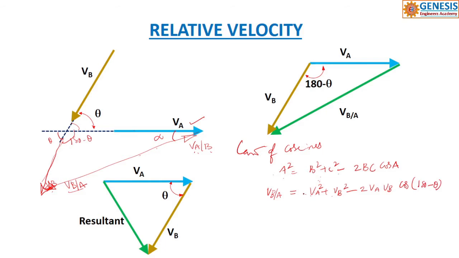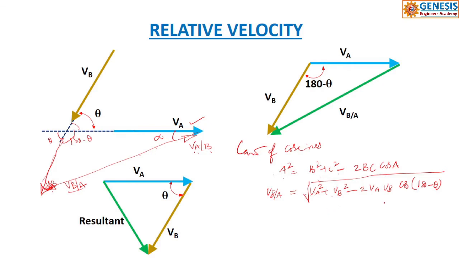You have to verify this formula with the already known one. VA, VB are at an inclination theta, so you should not substitute the same theta. That I will explain again.